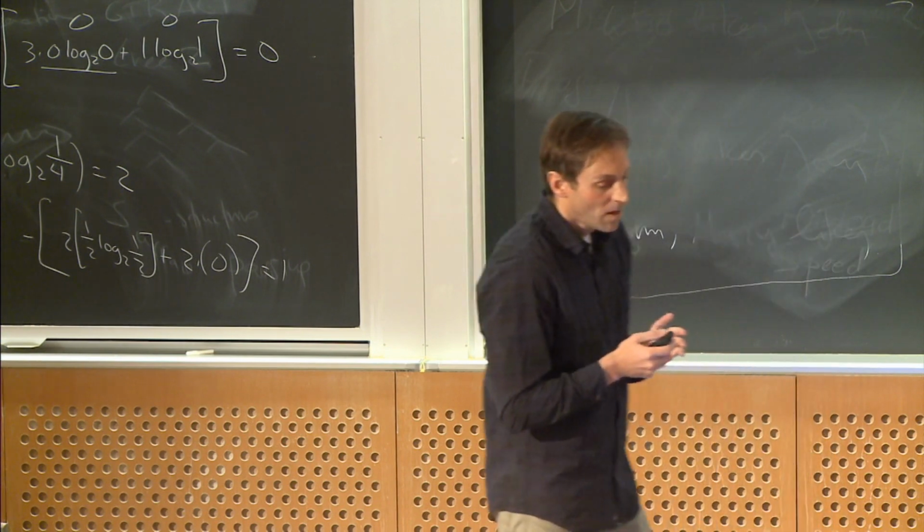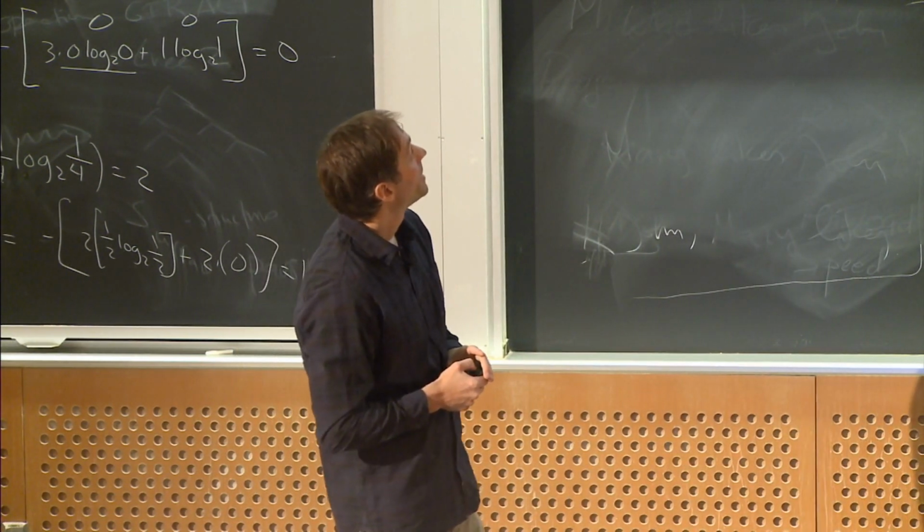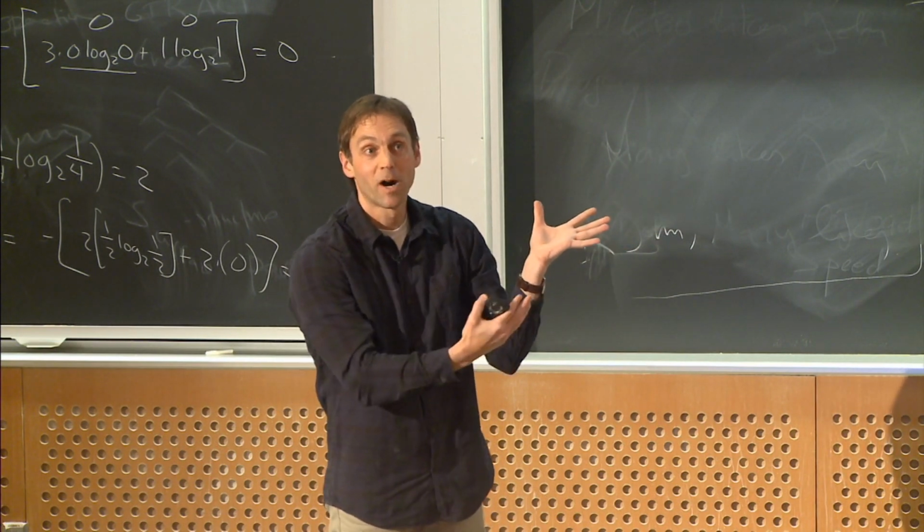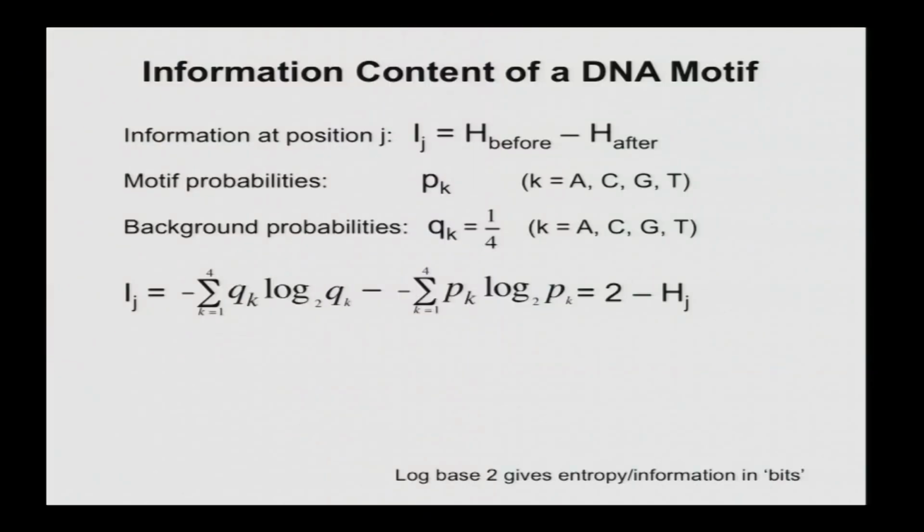So we define the information at a particular position as the entropy before, meaning the background, which is sort of your null hypothesis, minus the entropy after. So after you've told me that this is an instance of that motif and it has a particular model. In this case, the entropy before is just H of q, and then minus this term, which is H of p.